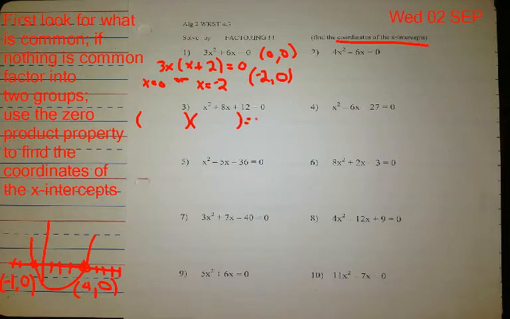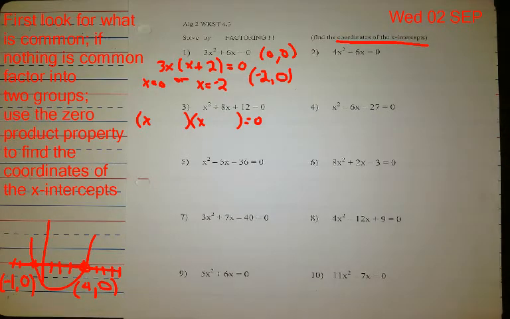And I know that the front of each group is x, because x times x makes x squared. We have to multiply to be 12. So there's several ways to get that: 3 times 4, 2 times 6, 1 times 12. But they have to add up to be 8.